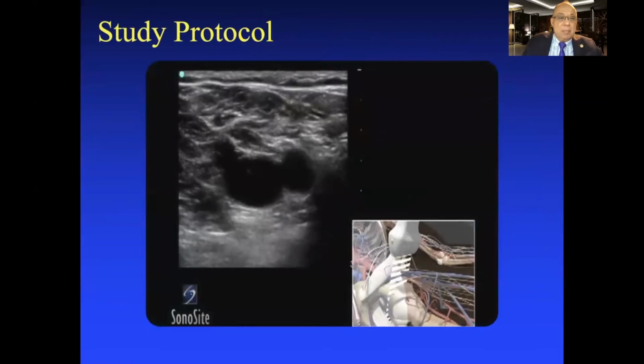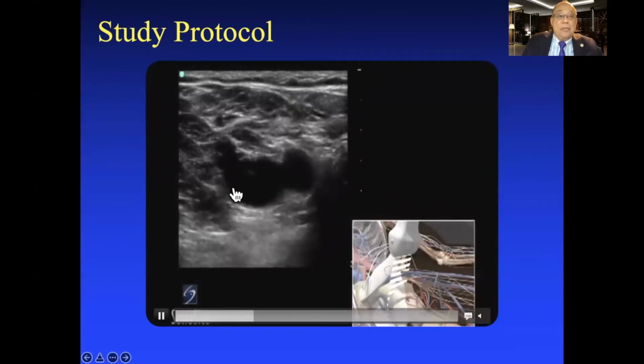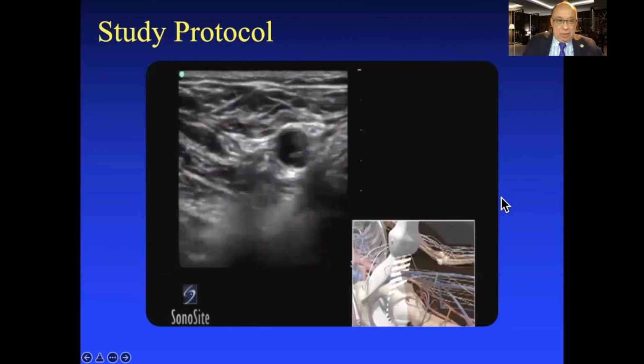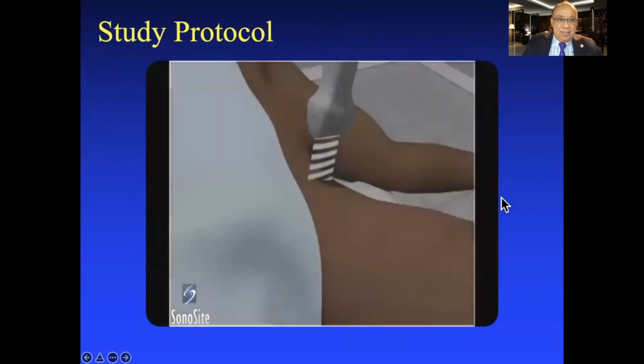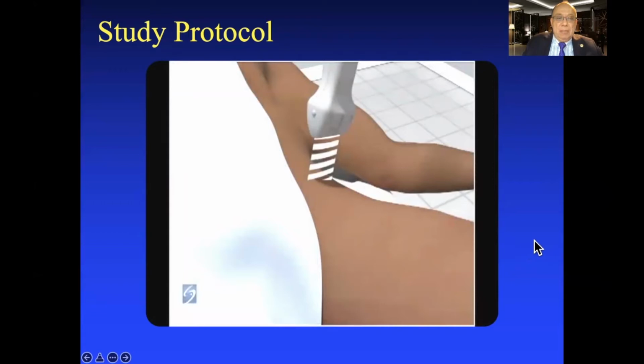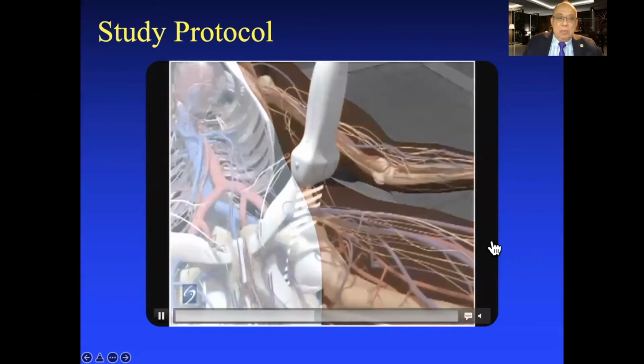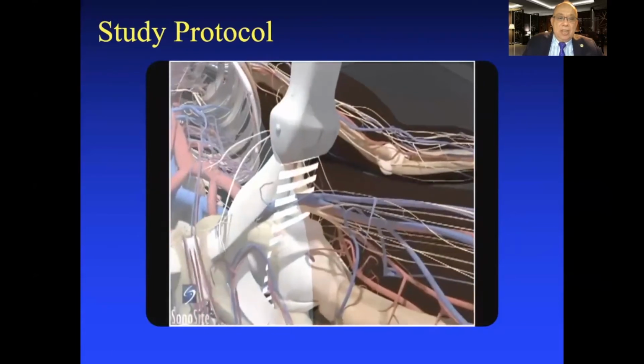The idea of the compressive maneuver is, by pressing with the transducer over the area, we want to collapse the walls of this structure, of this Mickey Mouse shape. Compression. In this second part of the video clip, we have the left leg. We place the transducer on the inguinal area.